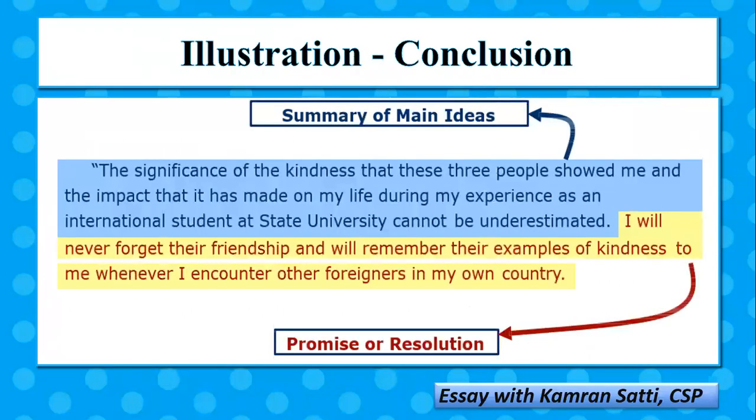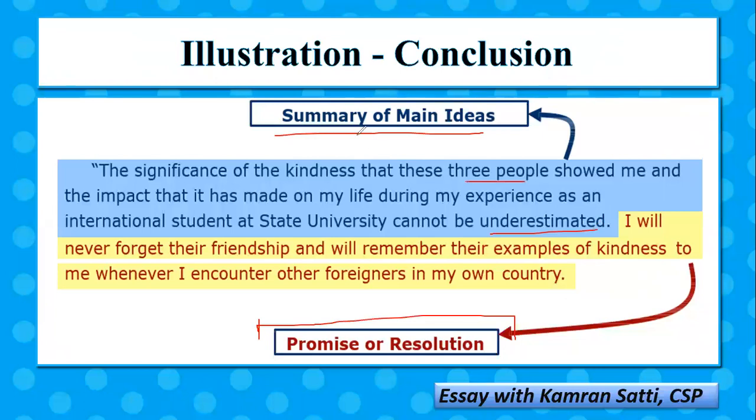So this is an illustration of a concluding paragraph, and I have taken the same topic just to make you comfortable that you are following the same gear. The concluding paragraph has a summary of main ideas, and then a promise or a resolution or a prediction or a solution. So: the significance of the kindness that these three people showed me and the impact that it has made on my life during my experience as an international student at State University cannot be underestimated.